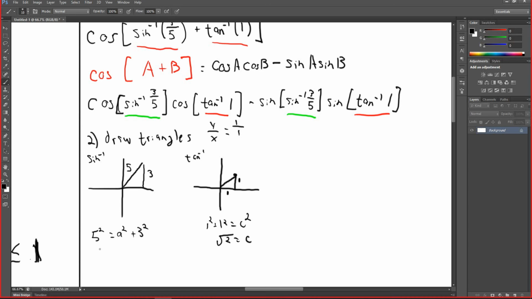And then over here I'll have 25 equals a squared plus 9. So a squared is equal to 16. So this is actually a 3-4-5 triangle, so a is just 4. Okay. From here, I now have everything I need to know.